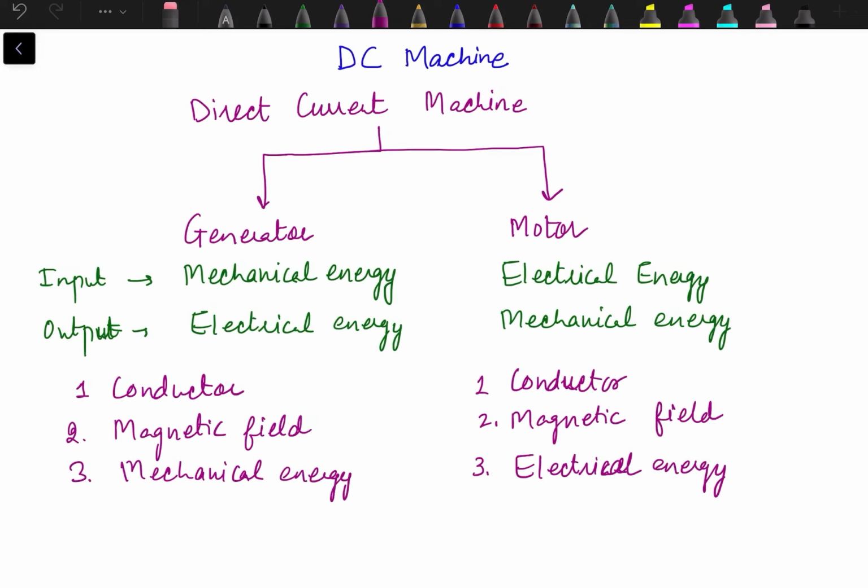So the basic principle of all motors is the same.